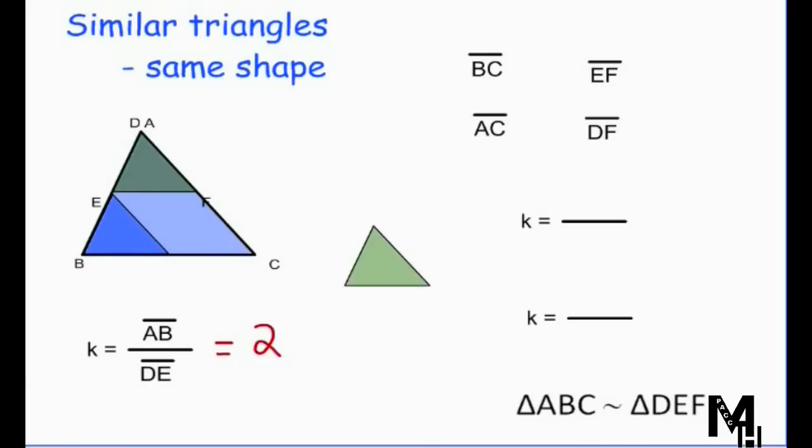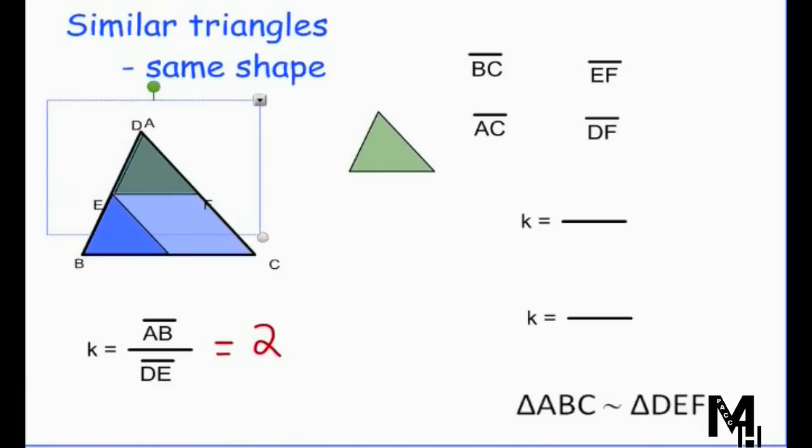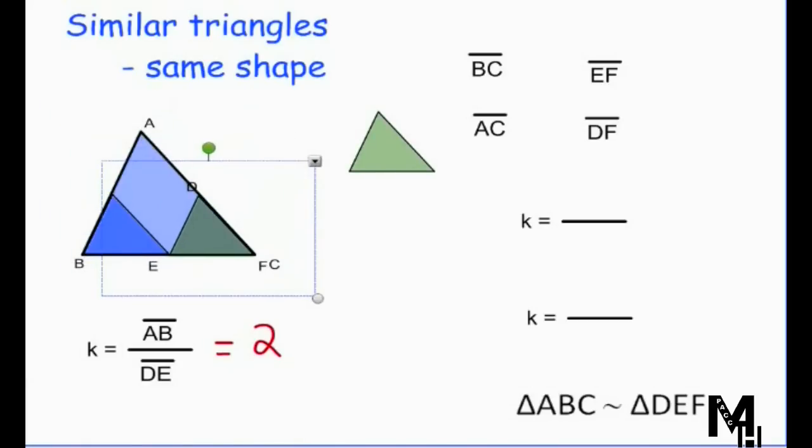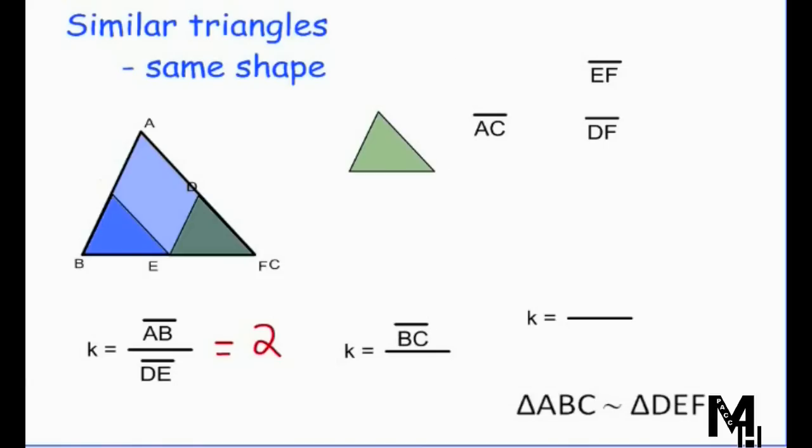If you continue with this idea and shift DEF down, we notice that for the bottom side, BC, the same thing occurs. So now K is equal to BC over EF. Our ratio is going to be, again, equal to 2.